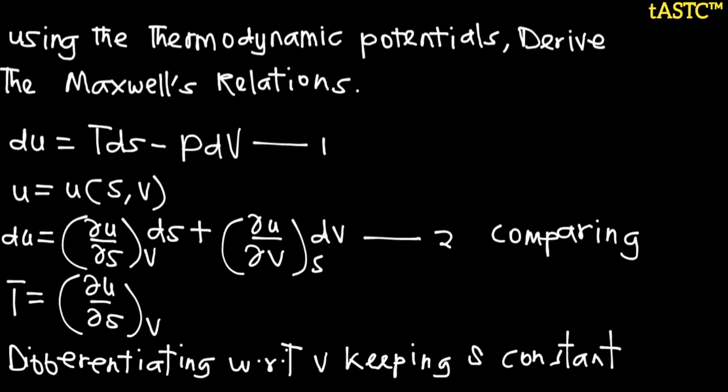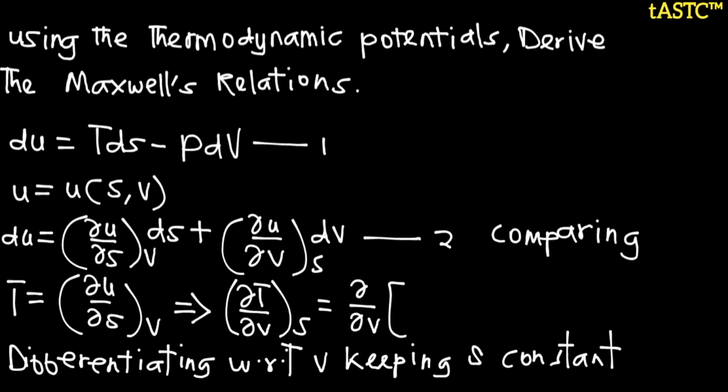And what is that going to give? We would have partial T, partial V, at constant S. And this is going to be equal to the partial with respect to V of this stuff, that is partial U, partial S at constant V. We already had this on the right hand side.